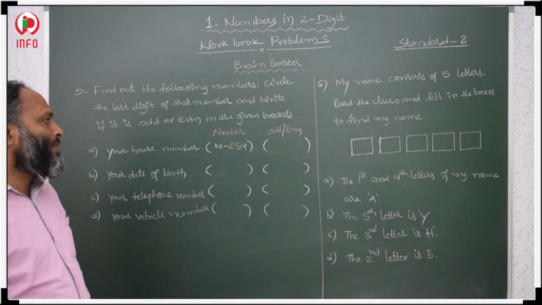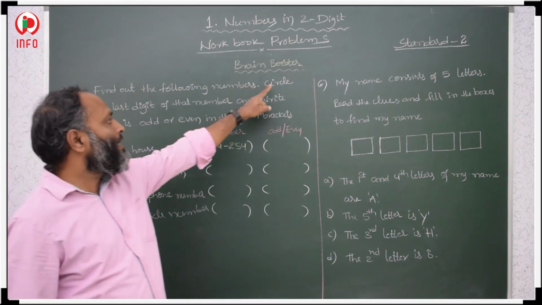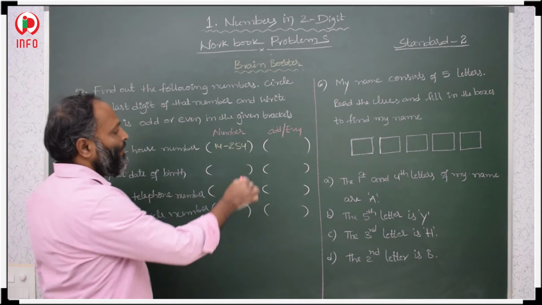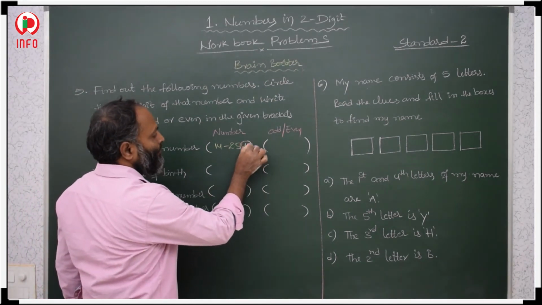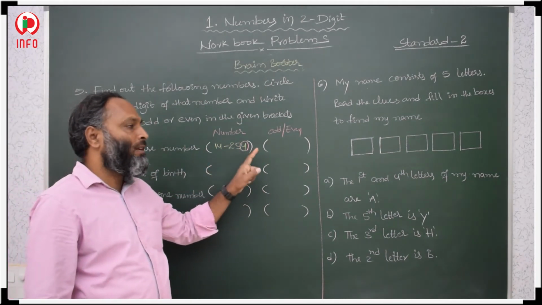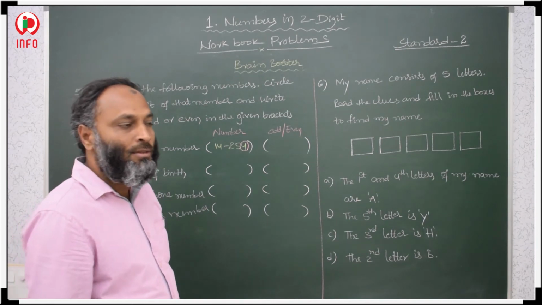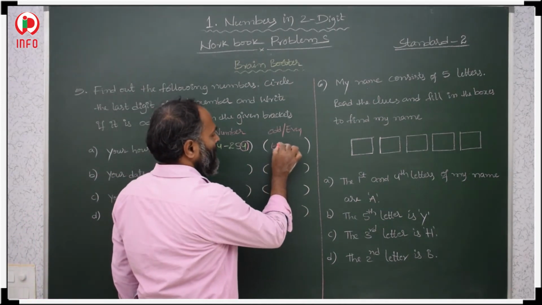Is this house number even or odd? Circle the last digit. The last digit is 4. We have to write in the bracket if 4 is even or odd. 4 is divisible by 2, so it is even.